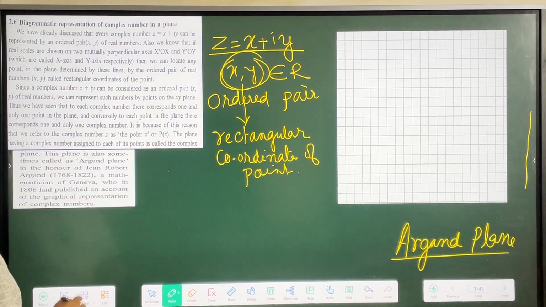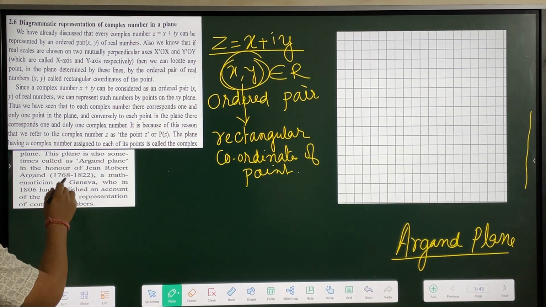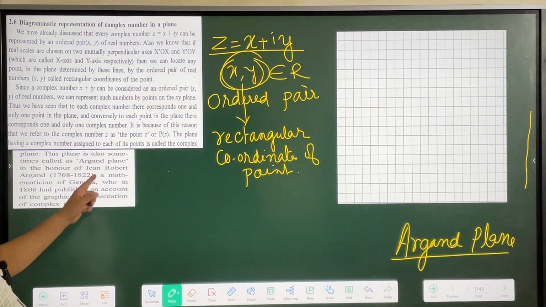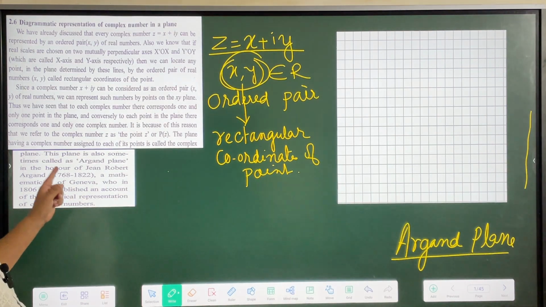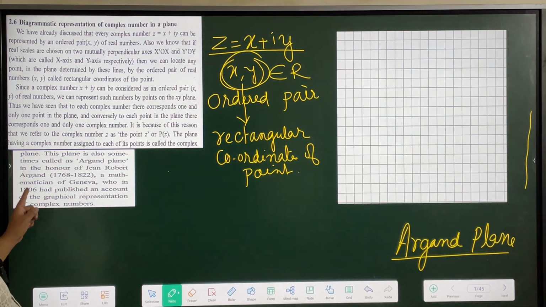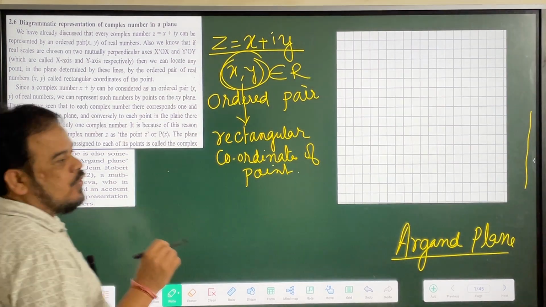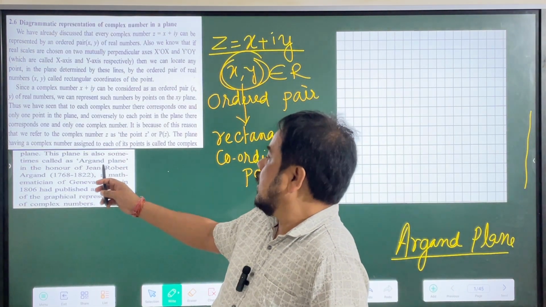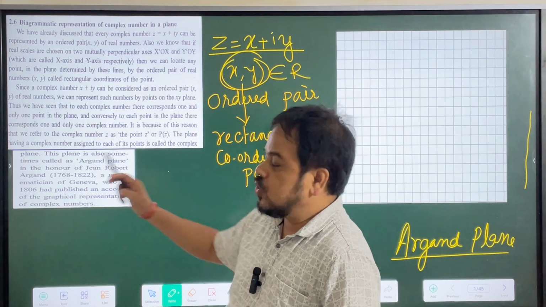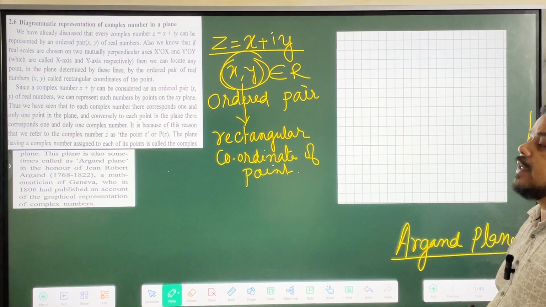Why is this plane called the Argand plane? Because it is in honor of Jean Robert Argand, 1768 to 1820, a mathematician of Geneva. In 1806 he published an account of the graphical representation of complex numbers. The graphical representation of complex numbers was invented by Jean Robert Argand, so this plane is called the Argand plane according to his name.